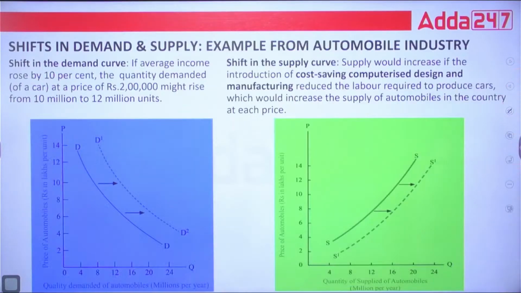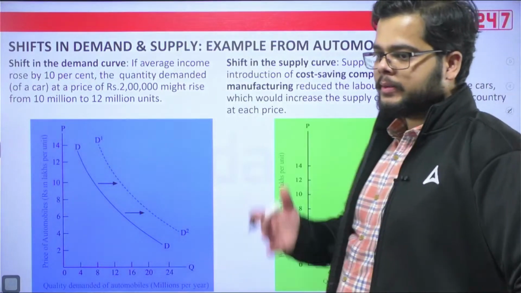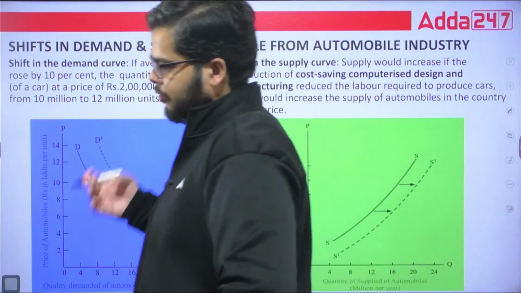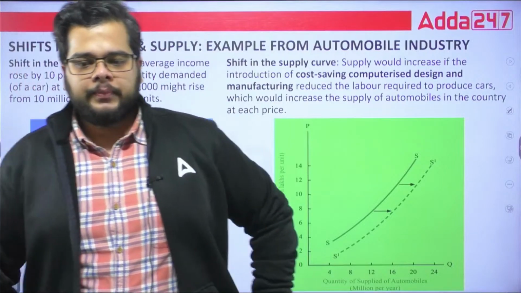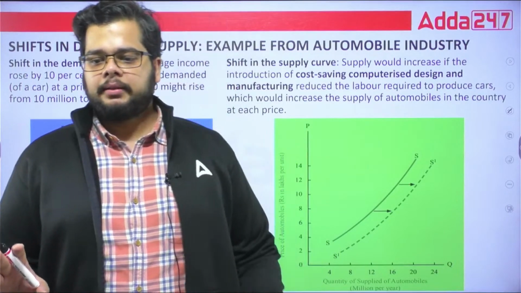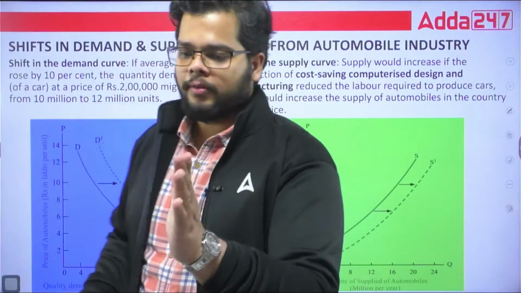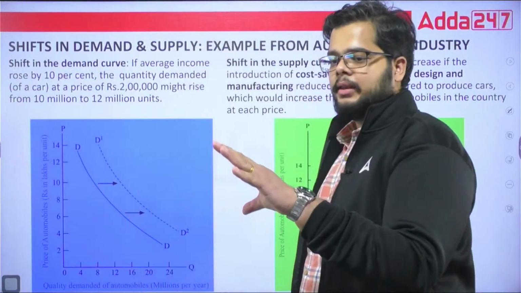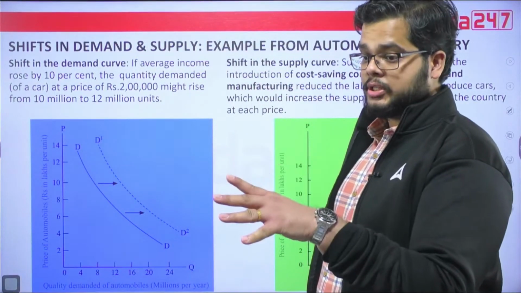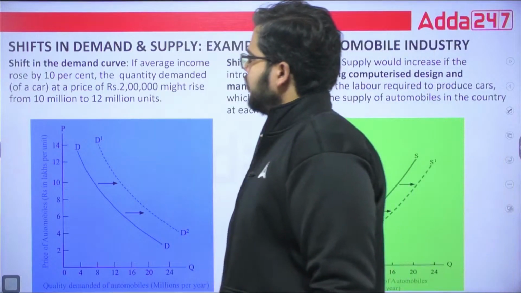Okay, now let's move on to the shifts in demand and supply using the example of the automobile industry. Shifts are nothing but the movement of a particular curve from its original position.